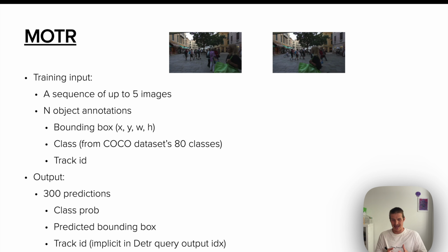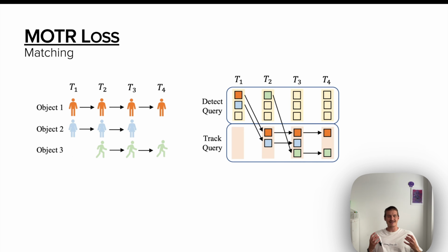So there is no head in the model that will just predict track ID number 3, for example. Instead, these track IDs are implicit in the position of the query input and the embedding output corresponding to that, which we can turn into a track ID. Next, we need some sort of loss that will allow us to actually train the model in such a way as to preserve this track identity.